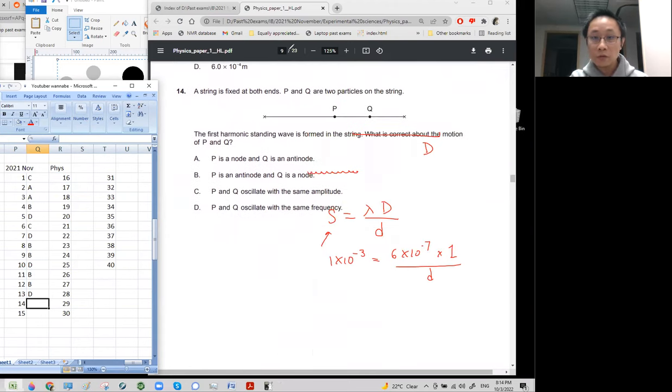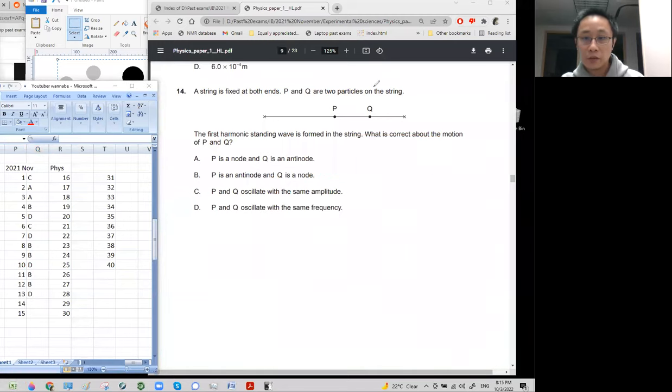Okay, question 14. What is this? A string fixed at both ends, so this is a standing wave question. The first harmonic standing wave for a doubly fixed string should look like this. The waveform will go from forming half of a positive sine graph to half of a negative sine graph over half a period.